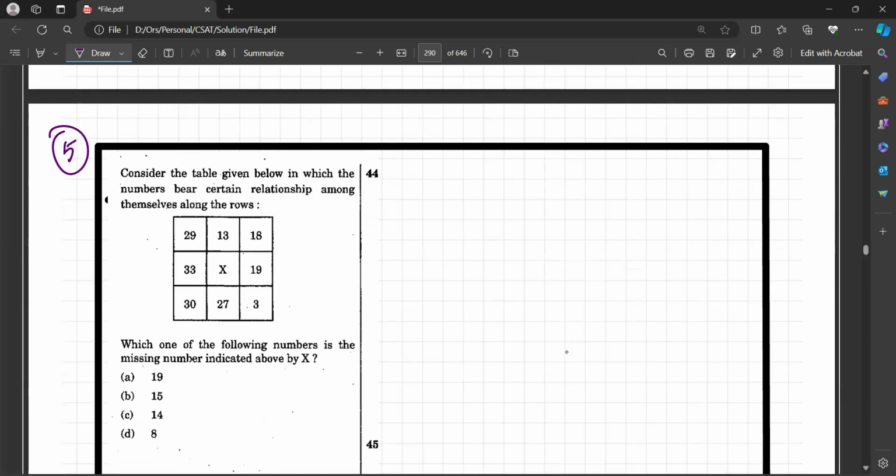Consider the following figure, again an X diagram or a table in which the numbers bear certain relationships among themselves along the rows. Now see here, you can identify this is 13, 18, the sum is 31, minus 2 equals 29. Here it will be 27 plus 3, that is 30, minus 0 equals 30. So you can see this is the sum of the second one.